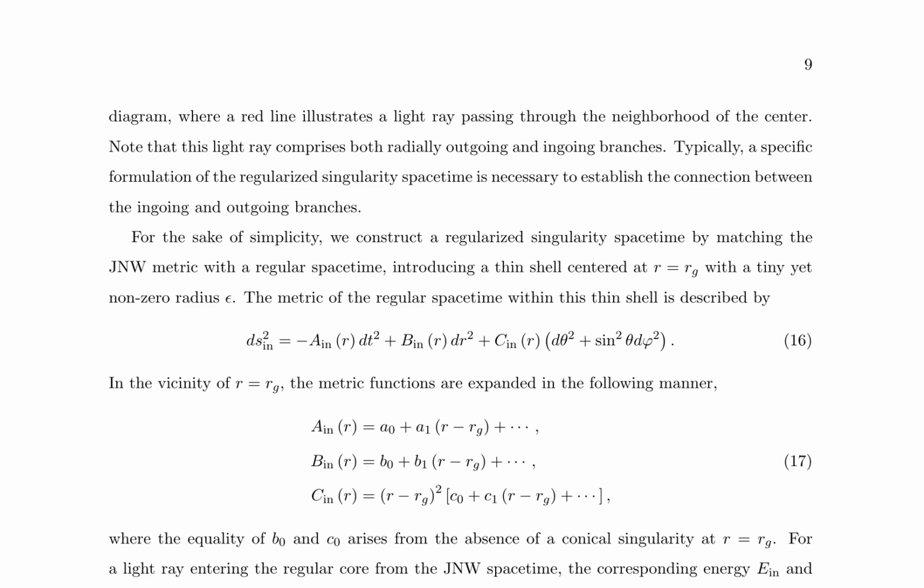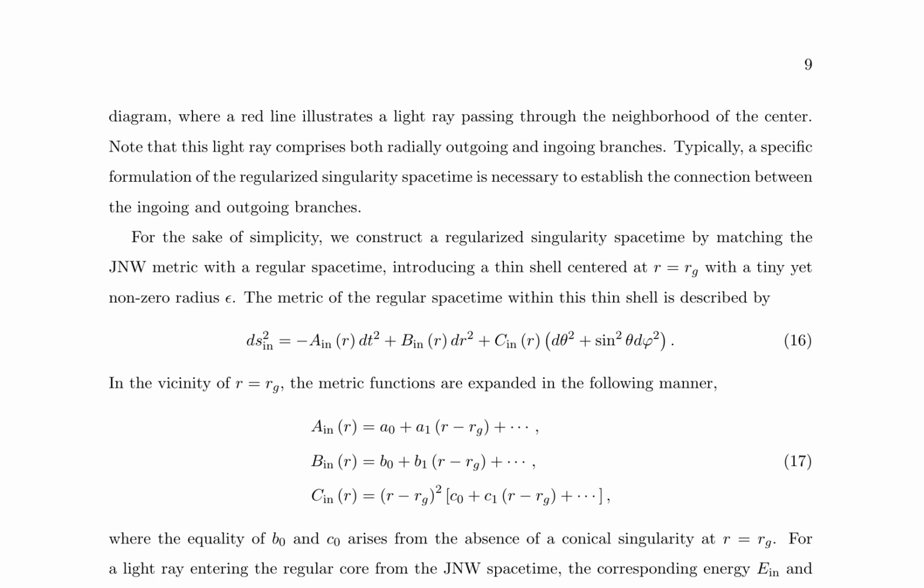In the context of the Janis-Newman-Winicour (JNW) spacetime, a regularized singularity spacetime is constructed by matching the JNW metric with a regular spacetime within a thin shell centered at r equals rg, the radius of the singularity. The metric of the regular spacetime within this thin shell is given by equation 16, where the metric functions are expanded around r equals rg as in equation 17.